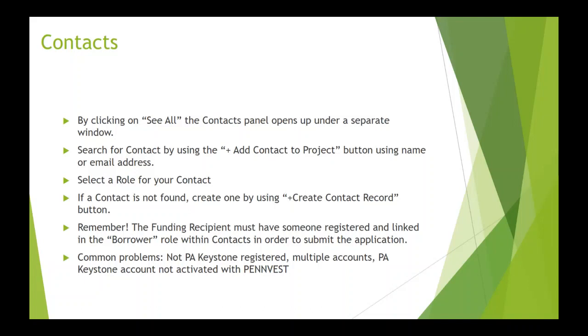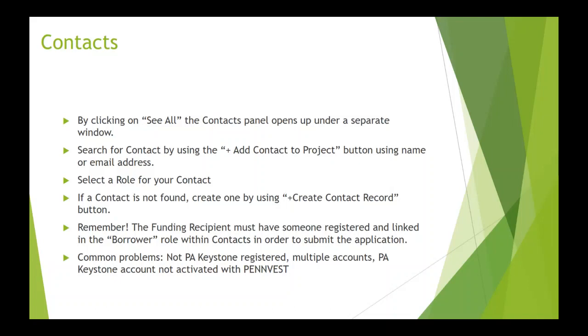So in each of those three items, the contacts, legal entity, and primary site, you're always going to see what's called See All. When you click on See All in the contacts panel, that'll open up a separate window. That's important.